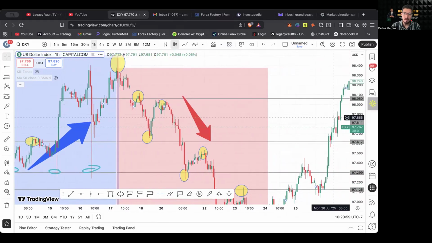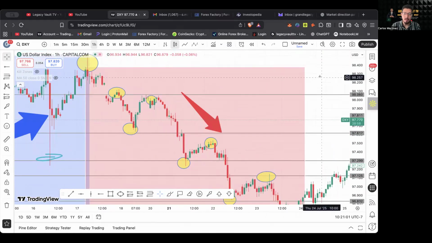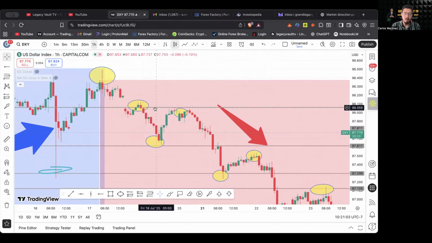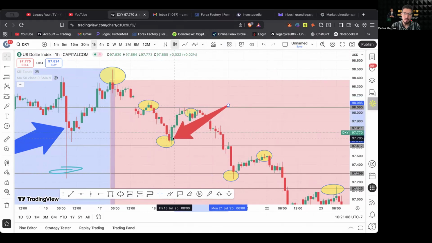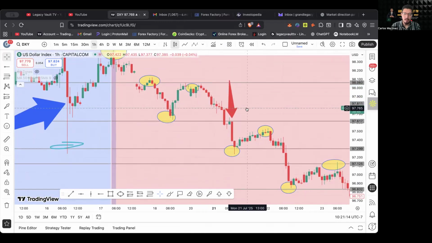And now we can also see it on the downtrend, where price broke below this price level, came back up to retest for the continuation to the downside.